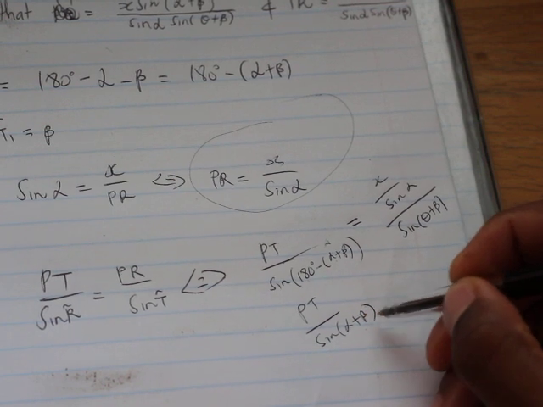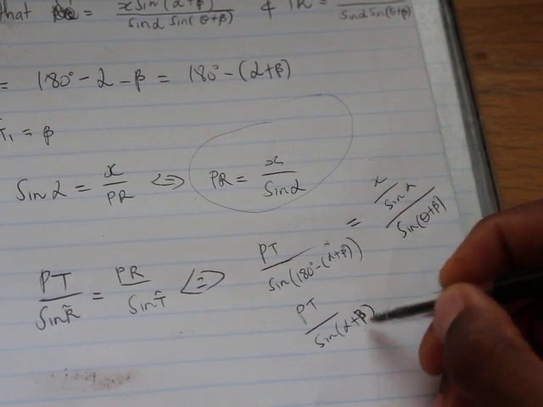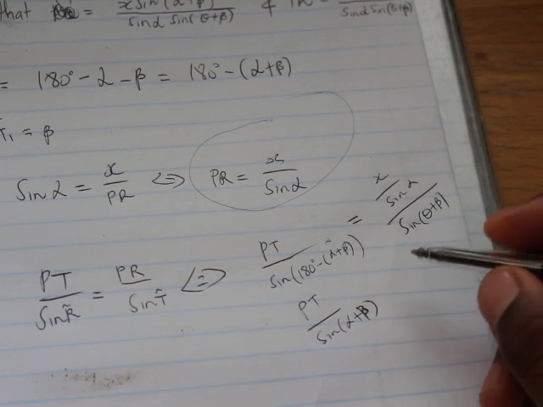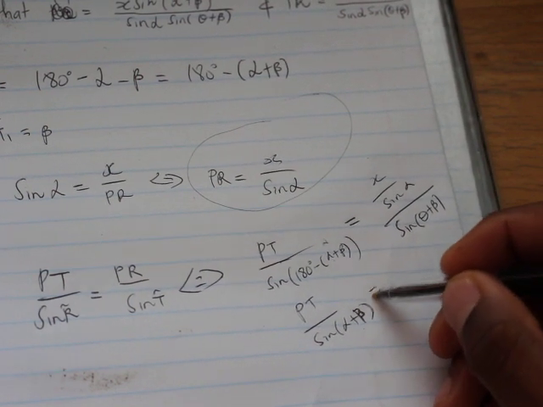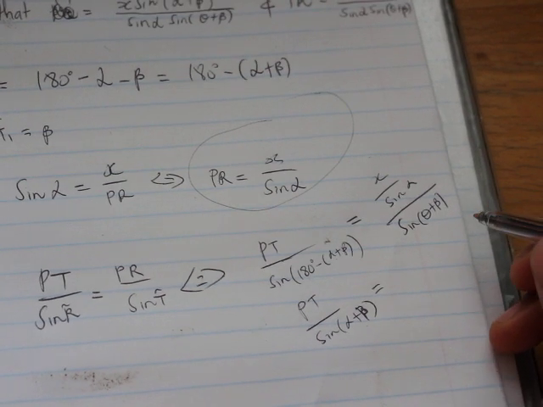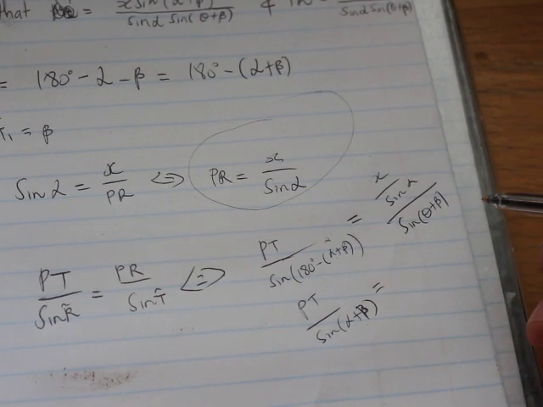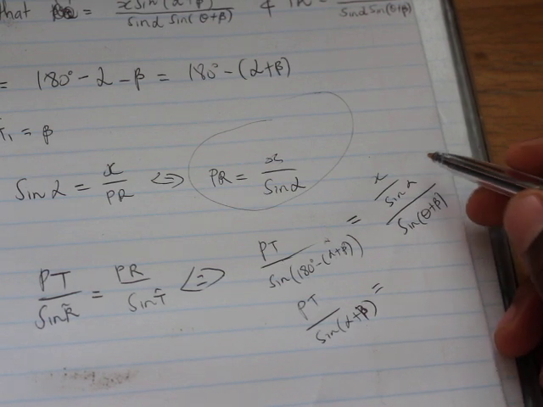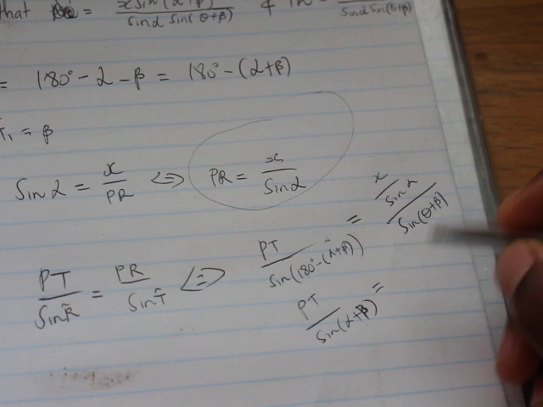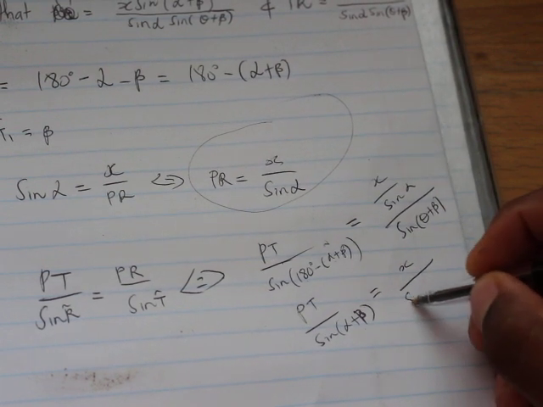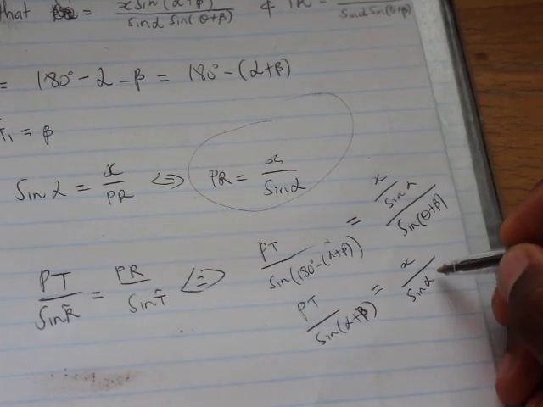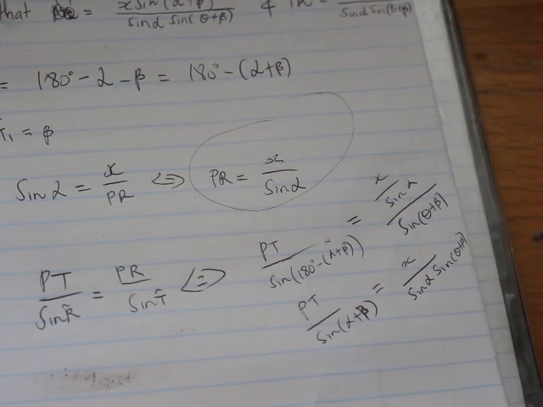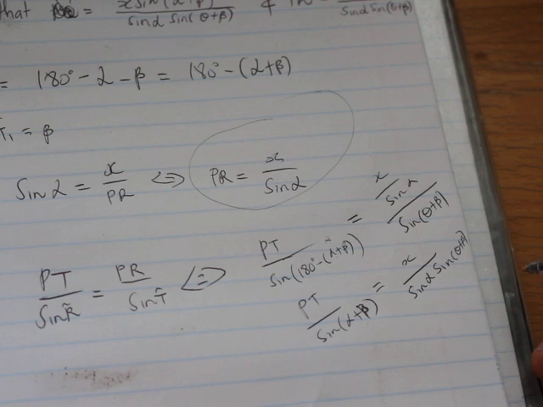Theta plus beta. Remember, sine is positive in the second quadrant, so 180 minus a particular angle in the second quadrant gives the sine of that angle. So it's x over the sine of alpha, divided by the sine of theta plus beta.